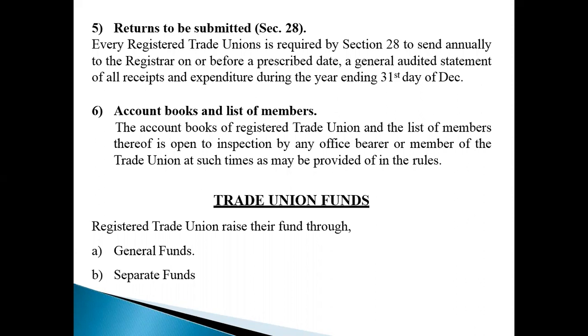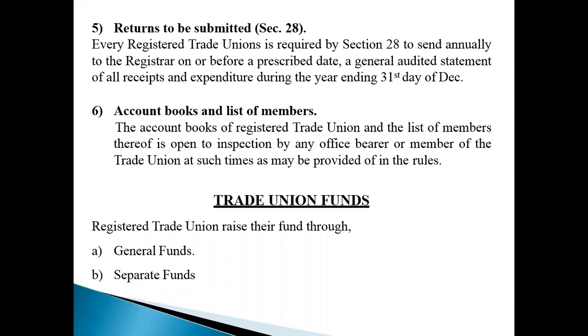That is also changed now, but it's an old section, so it's all according to that act only. But the major concept under section 28 is that all the receipts and expenditures of a trade union are audited on a year to year basis. So that is the concept of returns to be submitted under section 28.